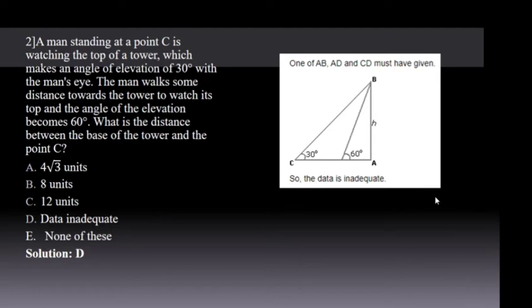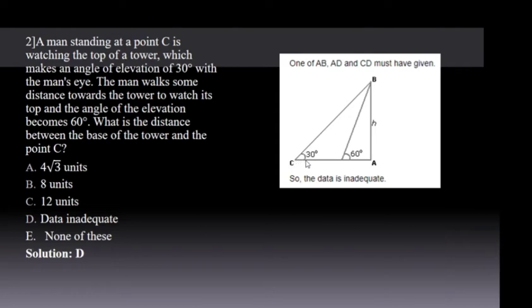Right? So again, the first thing is you have to draw the figure. So here I draw the tower. Let us say AB is a tower and the observer, or the man, is standing here such that it makes an angle of 30 degrees with the top of the tower. Now what is he doing?